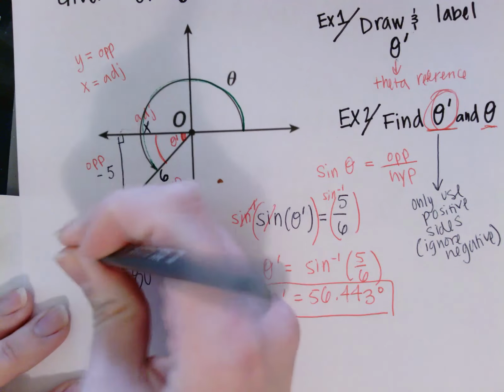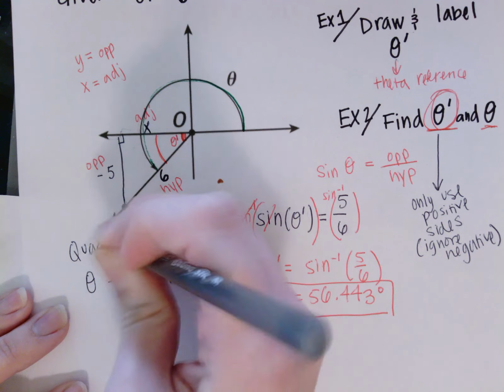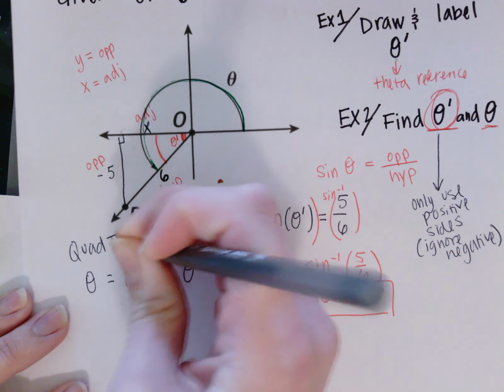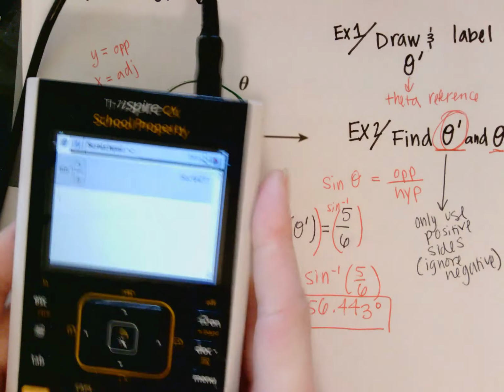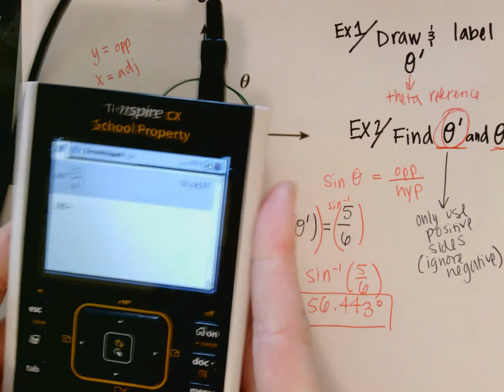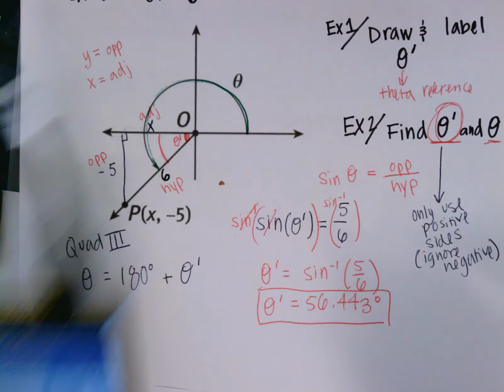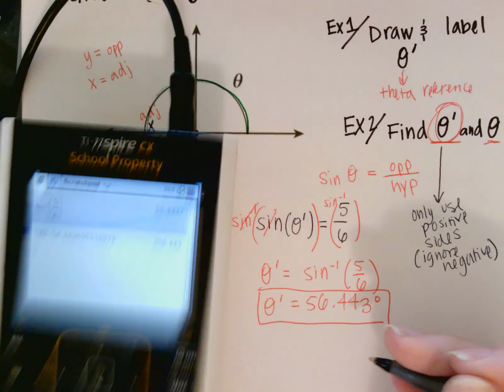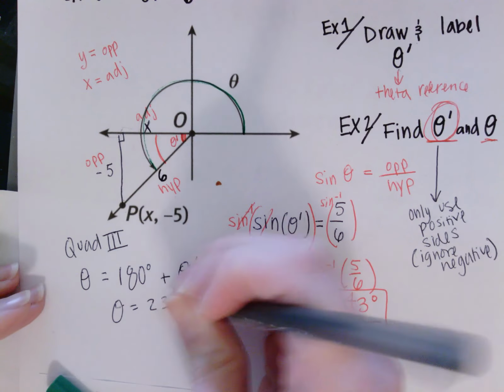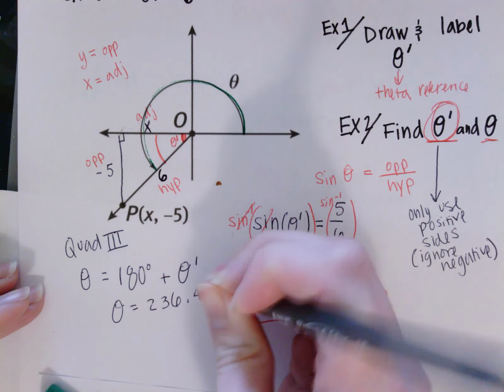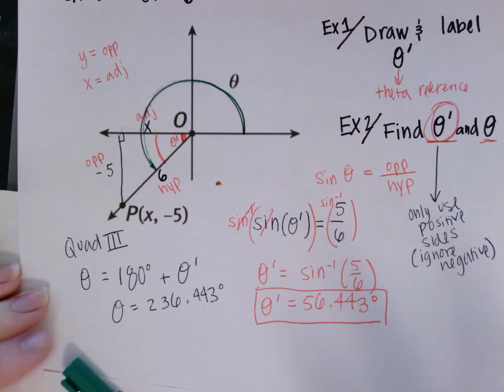And this is for quadrant 3 specifically. You have to kind of figure it out for the other quadrants. So I'm going to add 180 degrees to my previous answer, and theta is going to equal 236.443 degrees.